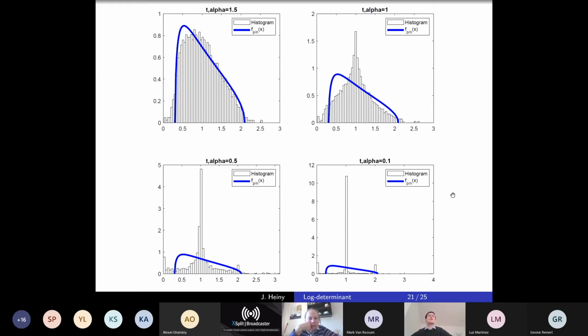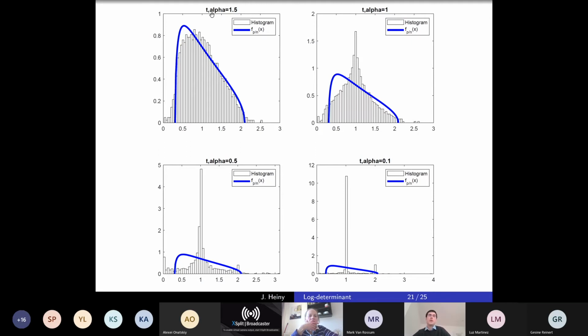And instead of showing you the formula, I will show you some pictures to give you a rough impression of the shape and what actually changes relative to Marchenko-Pastur. So this is now in dimension p equals 1000 and n equals 5000.